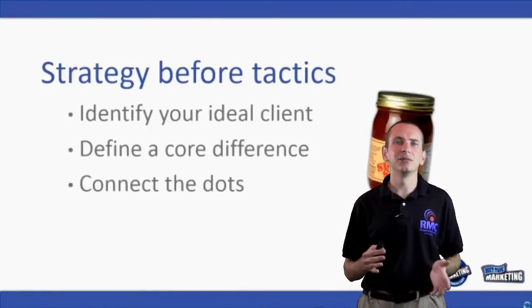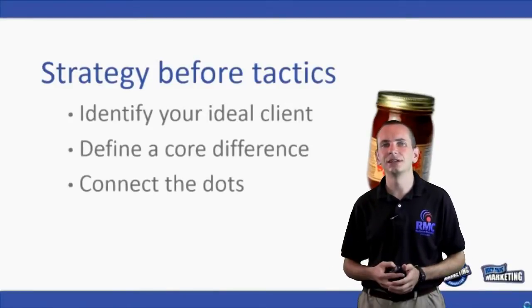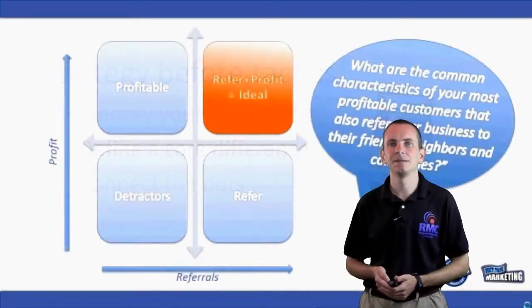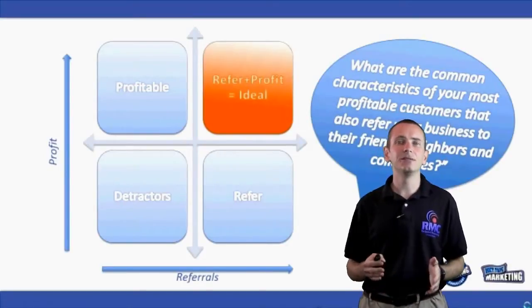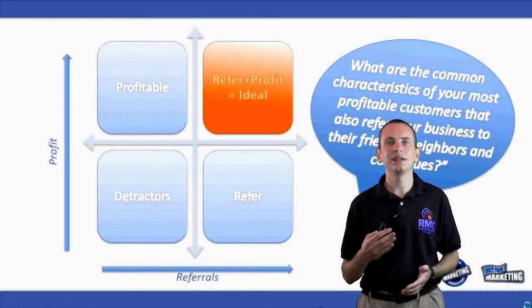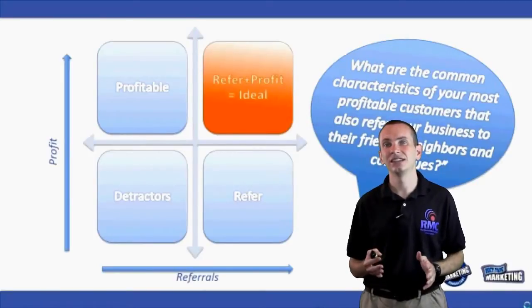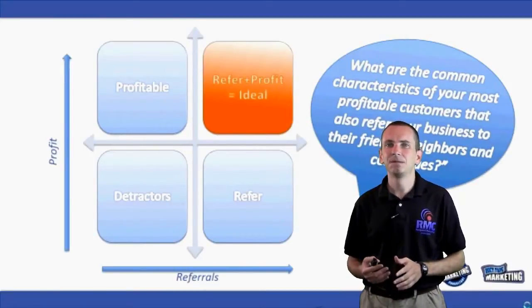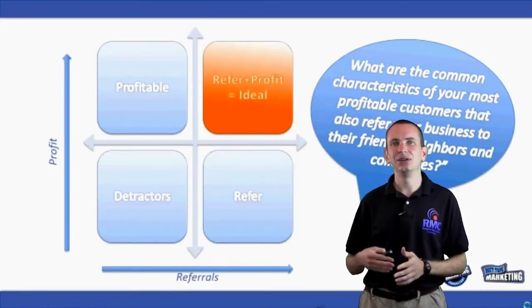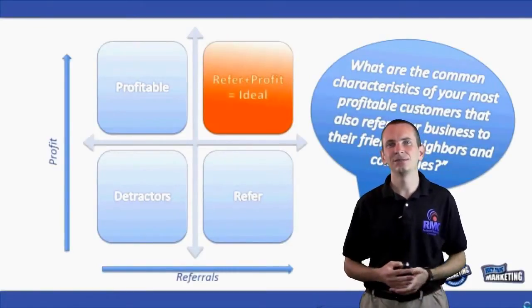Now, we have a little bit of a system here in Duct Tape Marketing for determining these two things. Let's start with the ideal client and how we figure out who exactly that is. Now, every business has clients that they like to work with more than other clients, and you can probably think right now of a few customers in your business that really are not ideal, that maybe are always asking for discounts, or always asking you to do extra things for them that aren't really in your area of specialty.